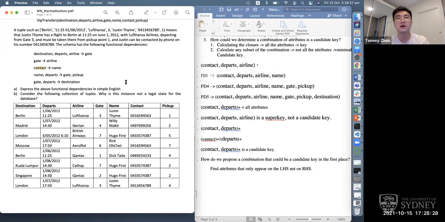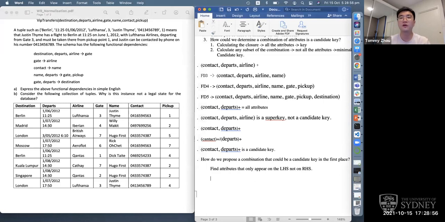That means contact must be part of the key. And also what? Departs. Yeah, that's right. Did someone say name? Can you find name on the right-hand side? Yes, you can, obviously here. That means name is not part of the key, but contact and departs are part of the key.